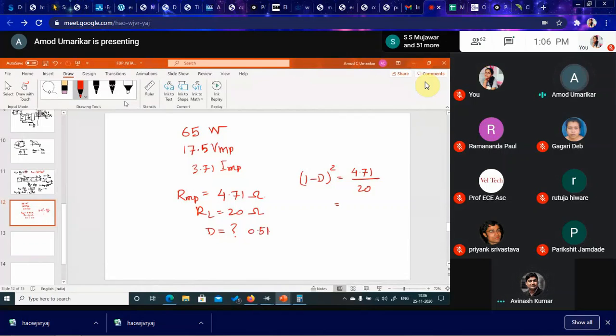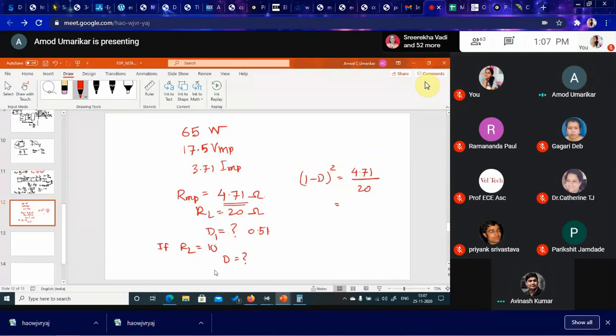Okay. After some time, the load is changing from RL 20 to 10. So if RL is 10, RMP remains the same because for a given radiation it is the same. So what will be the new D?